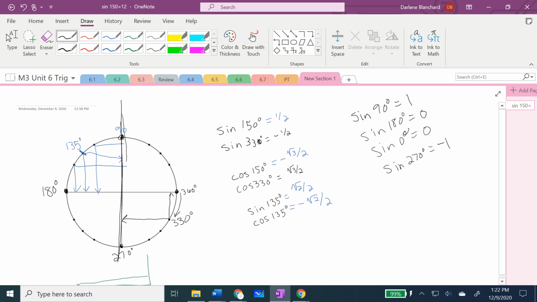And from there, do you feel like you can find the cosine of all four of those? So real quick, what is the cosine of 0 degrees? What is the cosine of 90 degrees? 180, 270.